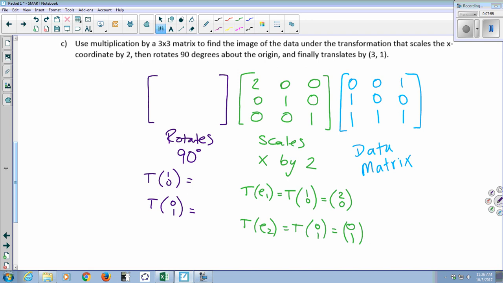So the point 1, 0, I'm just going to draw a quick picture. If you rotate 90 degrees about the origin, it lands at 0, 1. And 0, 1, rotate 90 degrees about the origin, it lands at -1, 0.